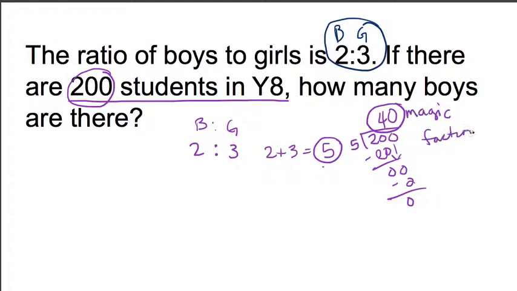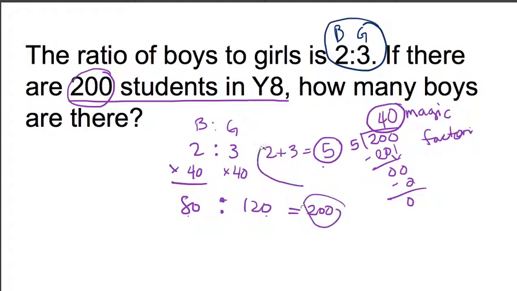Okay, so what are we going to do? We are multiplying the simple ratio by the magic factor, and you end up with 80 is to 120. And when you add them together, drum roll please, they total 200, which is the actual total.